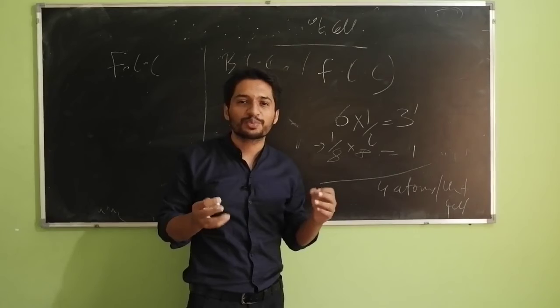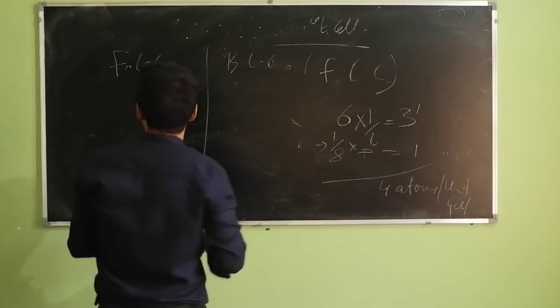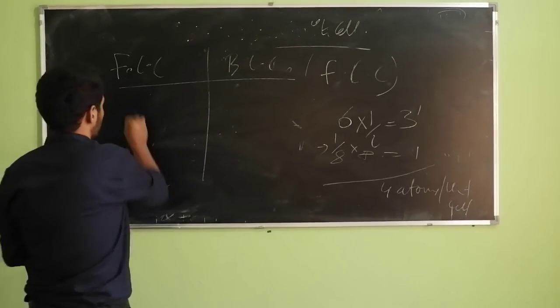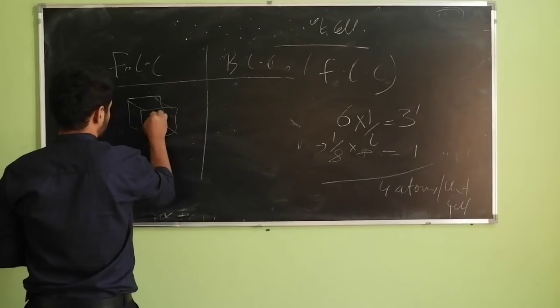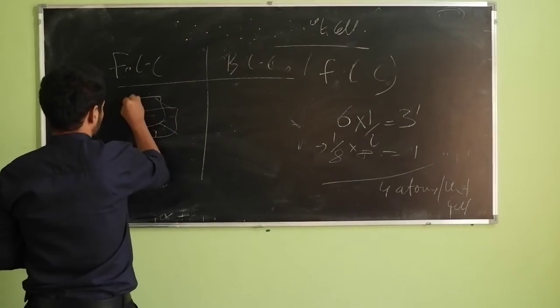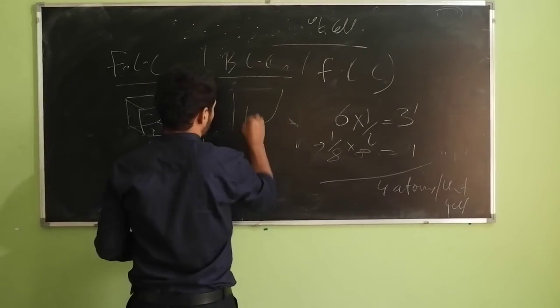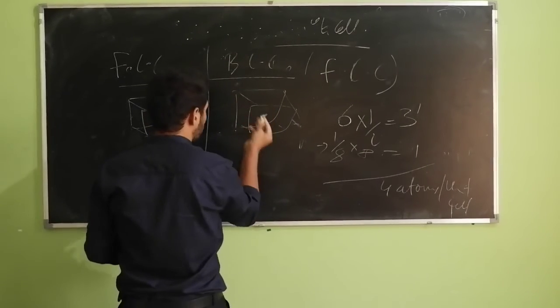The reason is a cube doesn't have an end-center, that's what we discussed, along with the reason. In FCC, the atoms are present at the centers of the faces, in addition to the corners, which are there by default. In BCC, we have an atom at the center of the body.